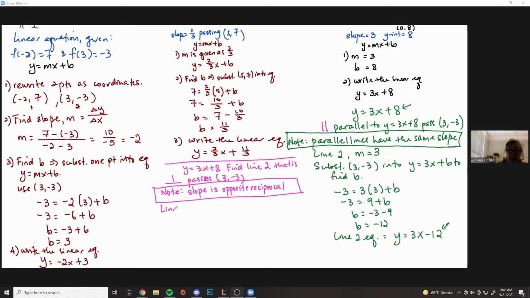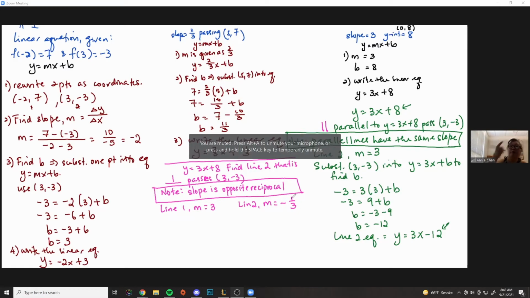So if line 1, m is 3, line 2, m is -1/3. Exactly. Did everybody get that? Opposite sign and reciprocal of the number. So if this is negative, then your perpendicular slope is going to be positive. These are the two things that you need to know in order to be able to do this.